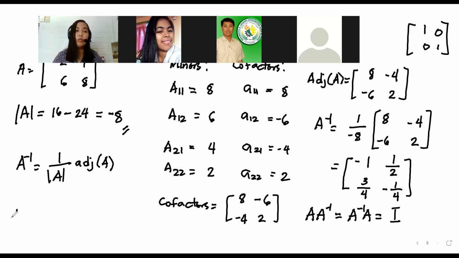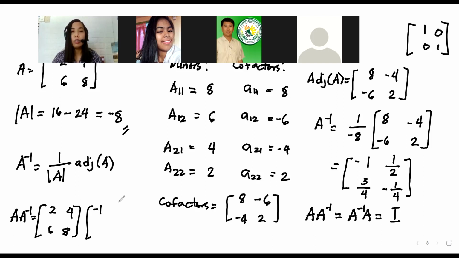So this is what I'm saying, class. 2, 4, 6, 8 multiplied by your inverse, negative 1, 1/2, 3/4, negative 1/4, should be equal to the identity.